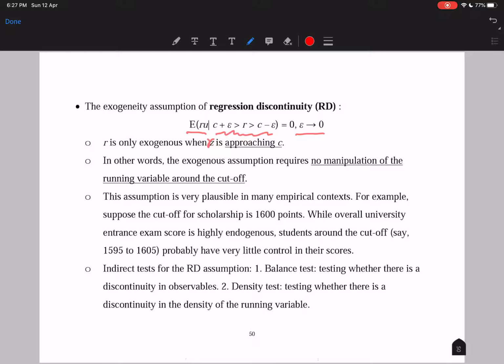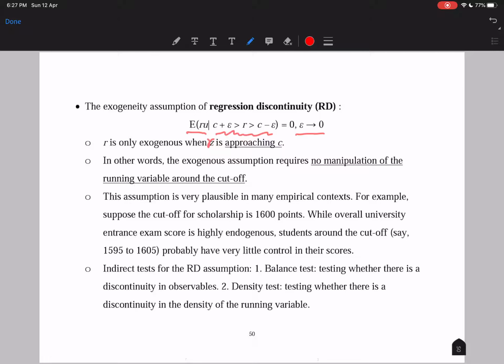So basically, only around the cutoff or at the cutoff, the random variable is entirely exogenous. The random variable is uncorrelated with the error term only at the point C or around a small interval of the cutoff C. In other words, the exogeneity assumption also requires no manipulation of the running variable around the cutoff.